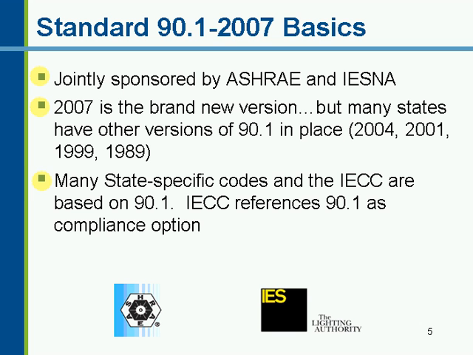Many state-specific codes and the IECC, which is another nationally available code, are based on the provisions that were developed through the 90.1 process. IECC itself references 90.1 as a compliance option. So a lot of what we're going to talk about today will be very applicable, even if the state hasn't adopted the 90.1 code itself.